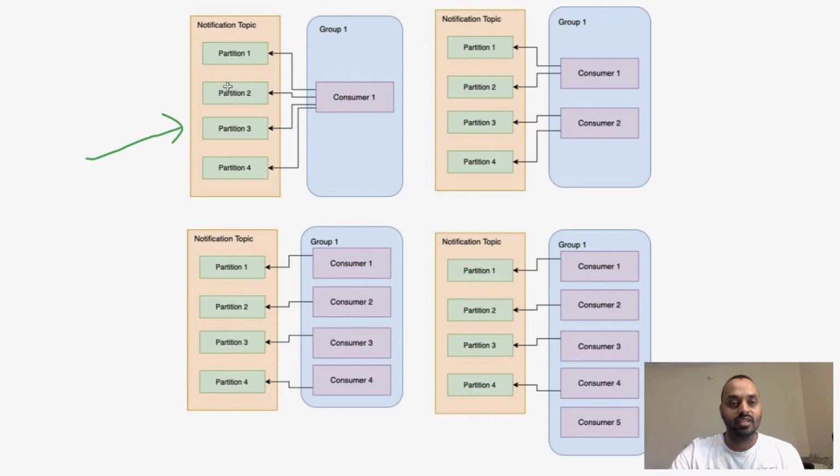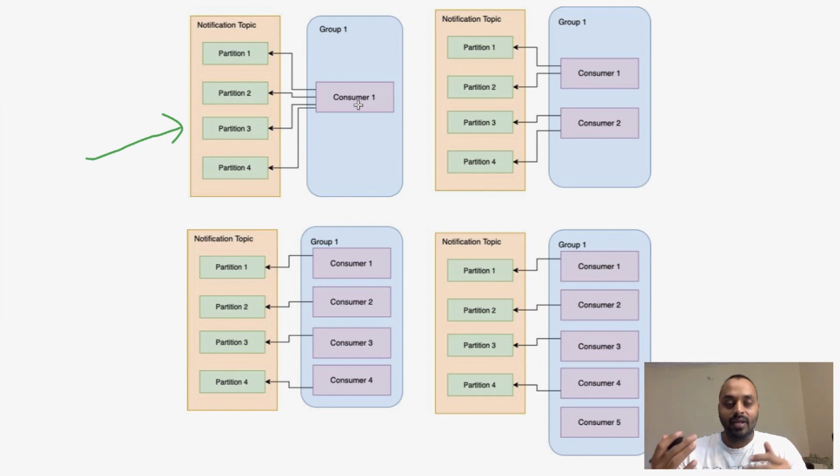So we have 4 partitions, partition 1, 2, 3, 4, and we have one consumer. This single consumer will read data from all four partitions. If we are just logging the data after pulling it from Kafka, a single consumer can do it.